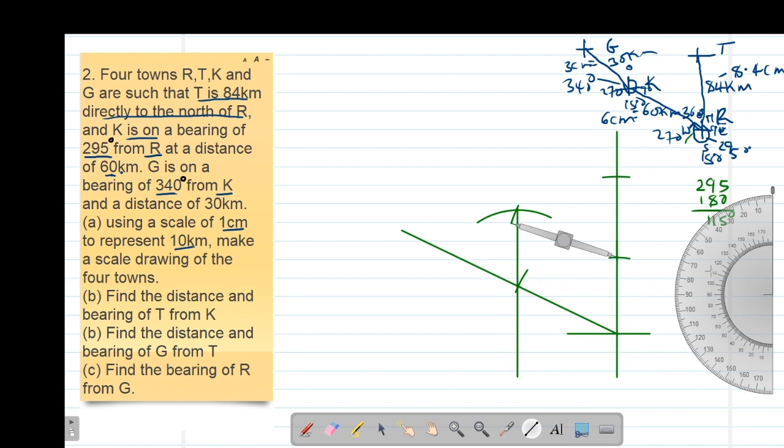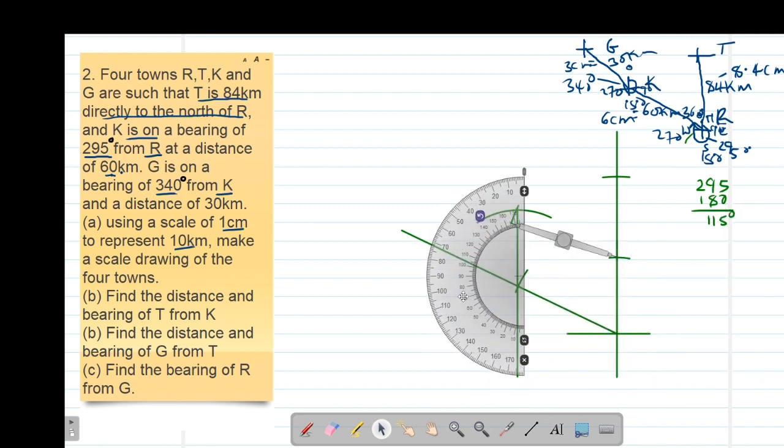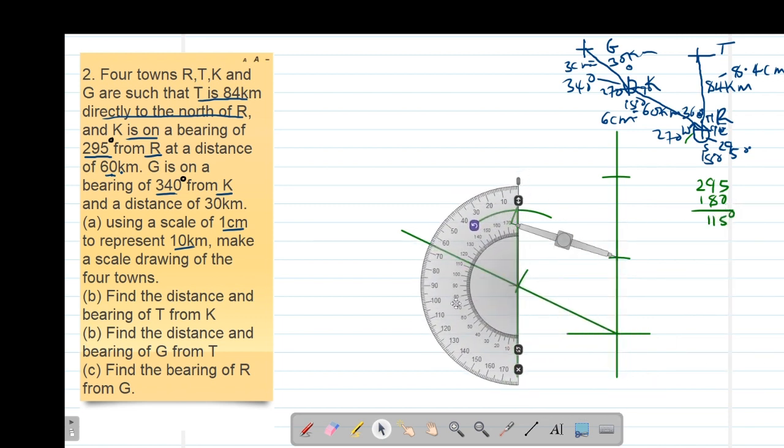Then using my protractor, I'm simply going to put it through the points of intersection of these two this way. Then of course where I have 90, I'm going to draw a line through that point. So this is my 90 degrees. 90 is here. Then I draw a line through that. So what I've formed, that is point K.